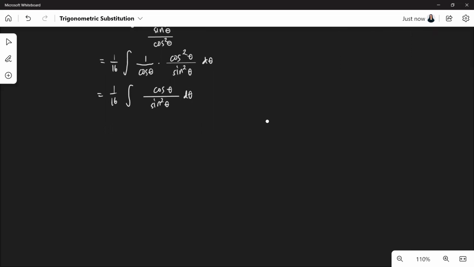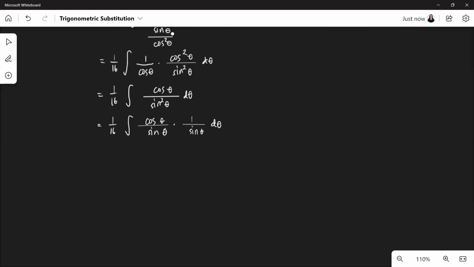So you can either put the sine squared on top or just treat it as it is, and then we can transform that cosine over sine into cotangent, and we can write the other fraction, it's 1 over sine, which is equivalent to cosecant.